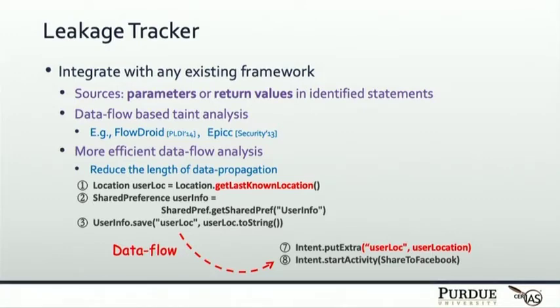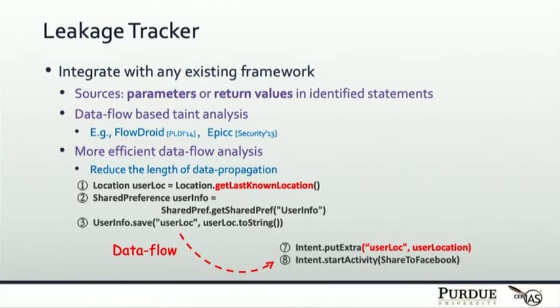Looking at this example, traditionally if we want to track location data from a mobile app, we will go first from the system API, which is shown in line 1, and extract this data as sources. And then the data will flow through several steps to line 7 and line 8, and finally leak out.